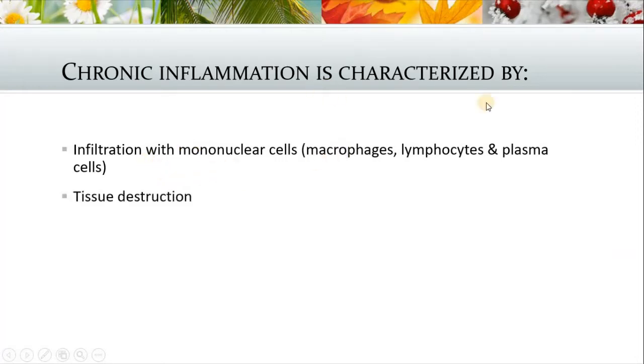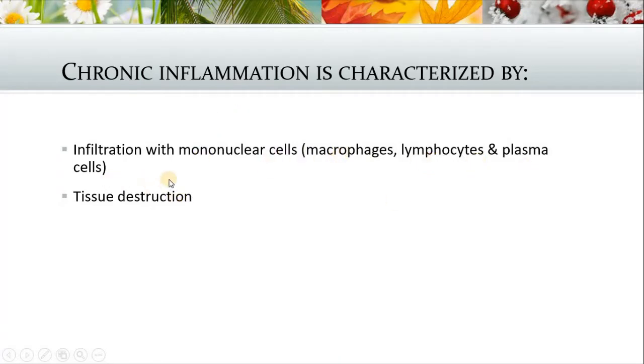So chronic inflammation is characterized by infiltration of mononuclear cells including macrophages, which are derived from monocytes in circulation; when a monocyte exits the circulation it is known as a macrophage. Then lymphocytes and plasma cells.